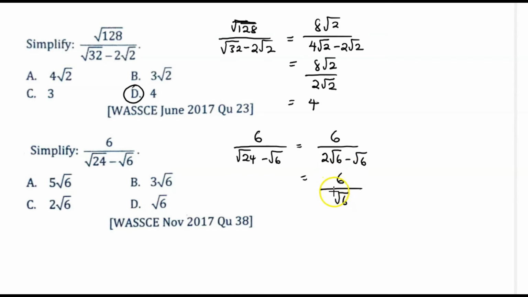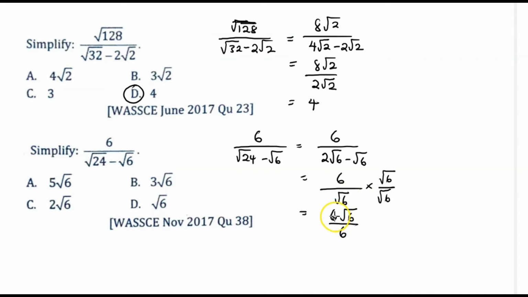Then at this stage, we need to rationalize. So since we have a monomial set, we need to multiply both the numerator and the denominator by the set at the denominator, which is root 6 all on root 6. Then that will be giving us 6 root 6 all on 6.